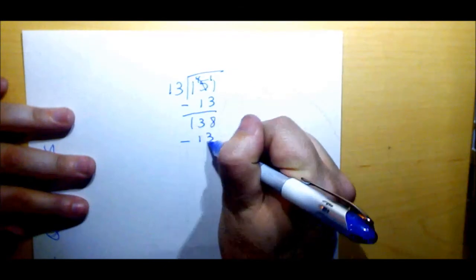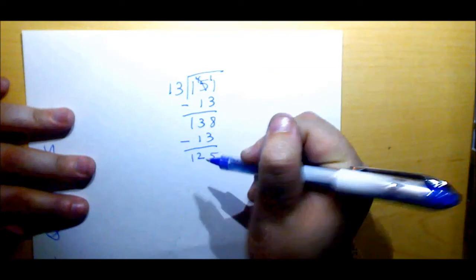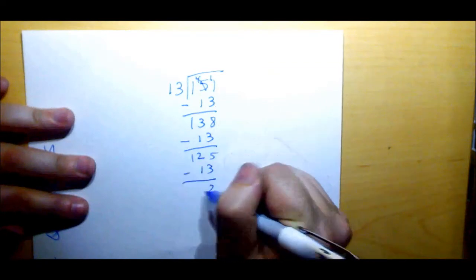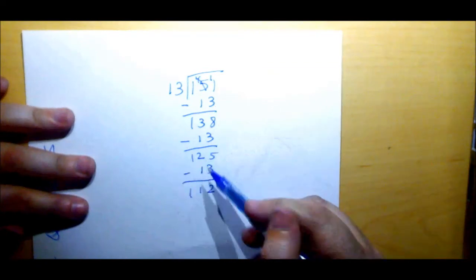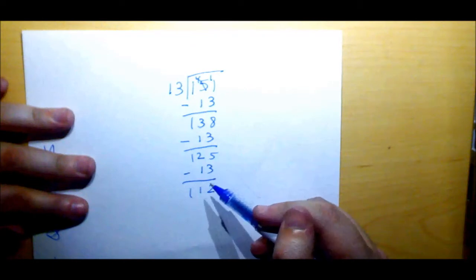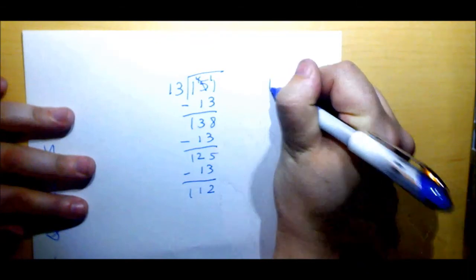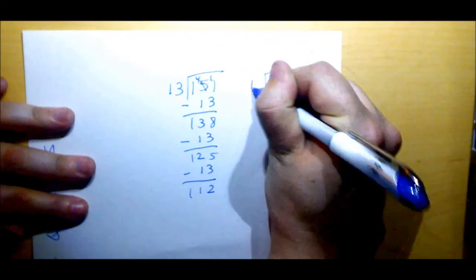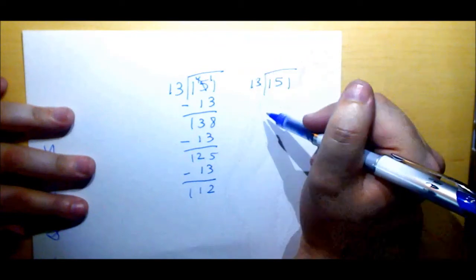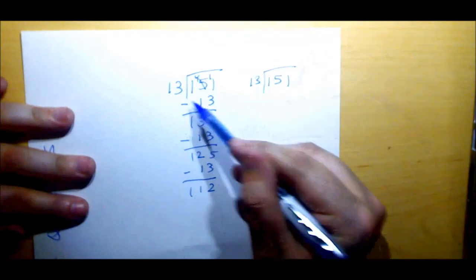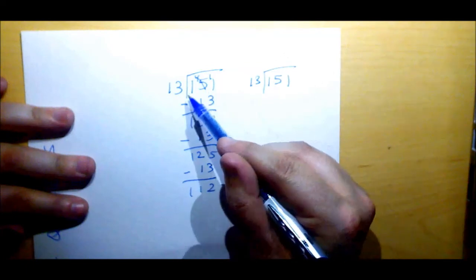I could subtract 13 again. I could subtract 13 again. As you can see, this is going to take a long time. So there is a method of partial quotients that is a little bit more efficient, where you can subtract 13 from 151 10 at a time.